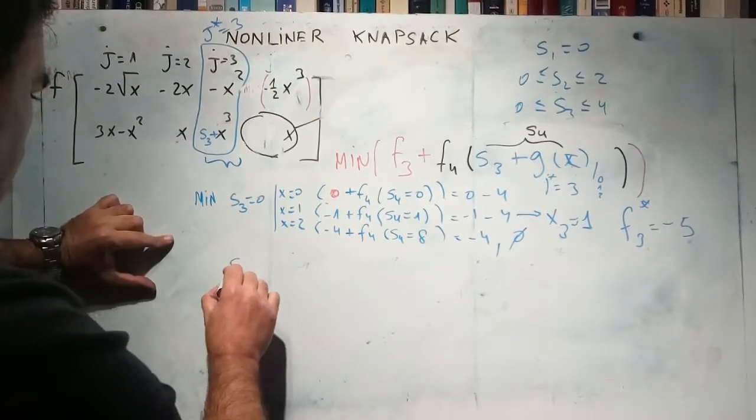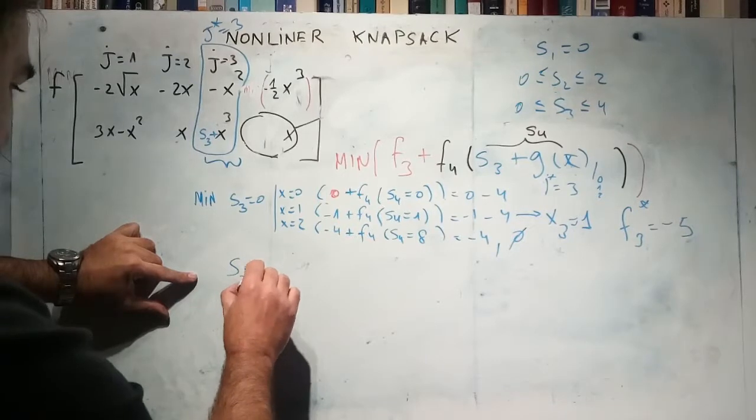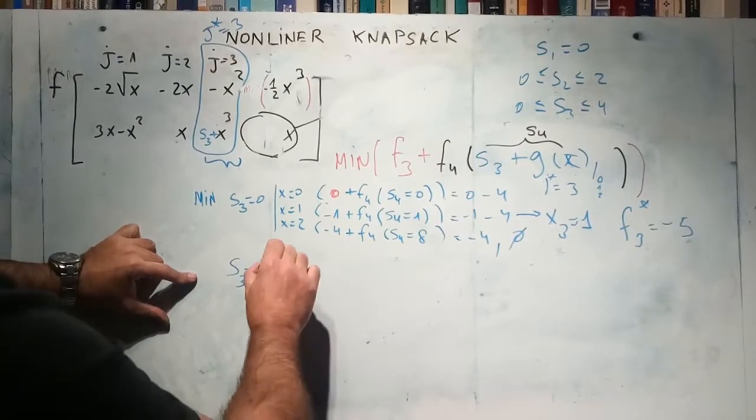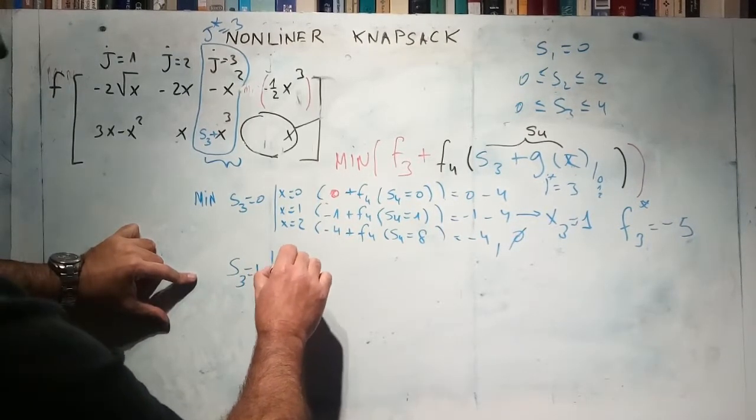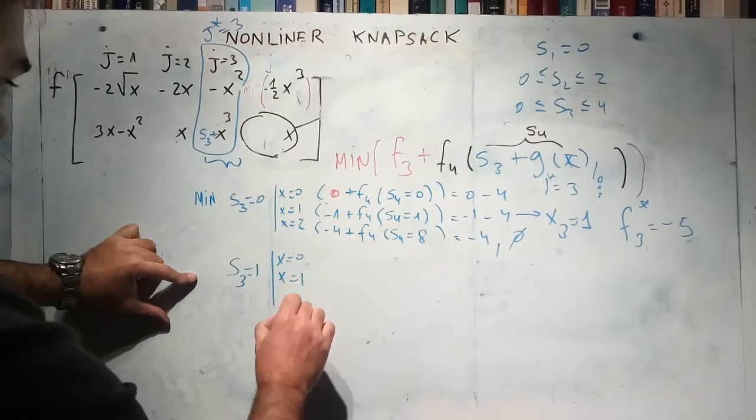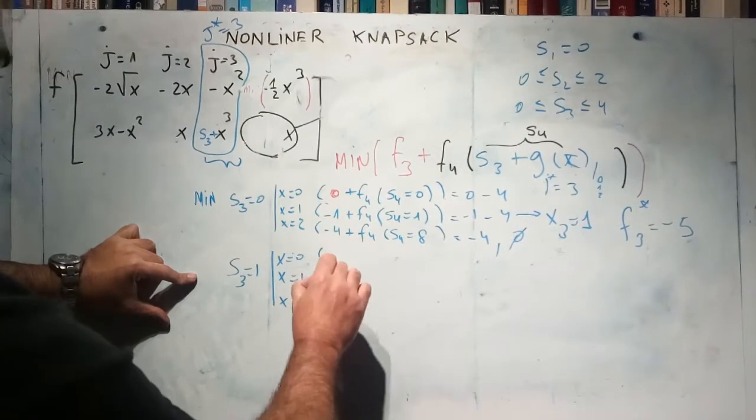Need to do the same with S3 being 1 this time. Again evaluated at x being 0, x being 1, and x being 2.